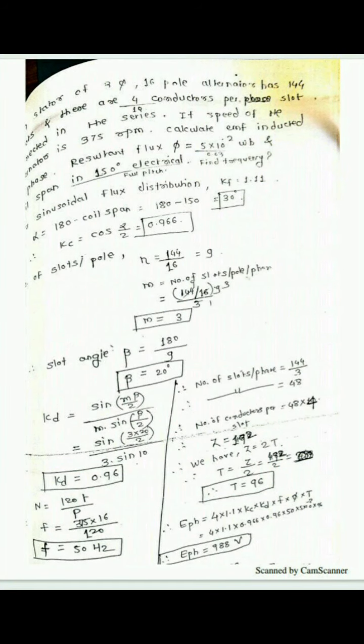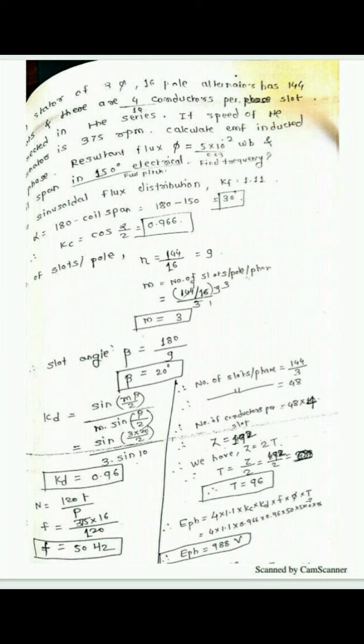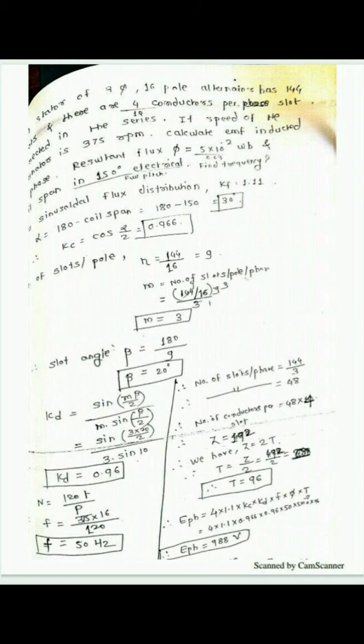In the given problem, the resultant flux, that is phi, is equal to 5 into 10 raised to minus 2 Webers, that is 5 milliweber, and the coil span is 150 degrees electrical.